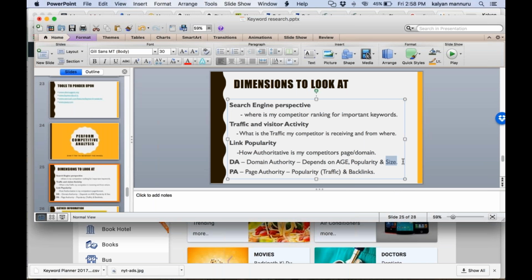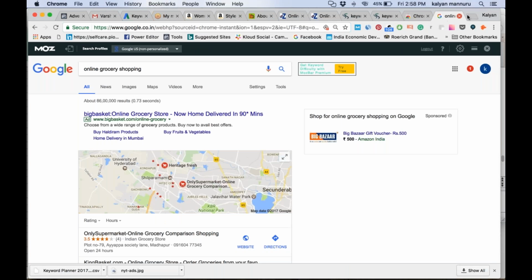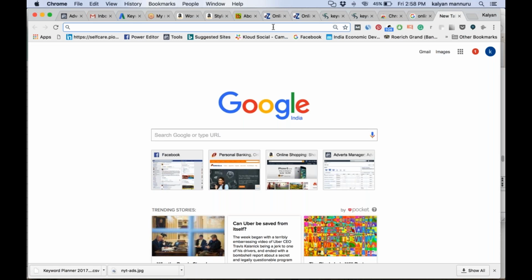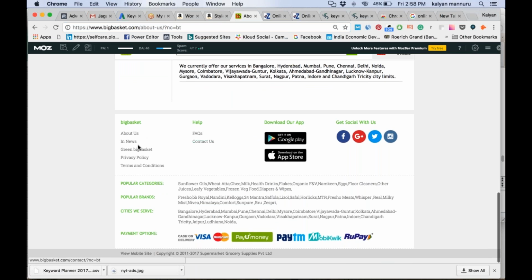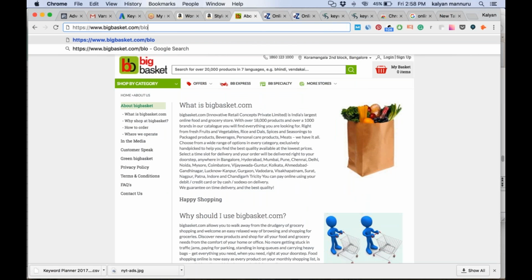And size, of course, add more number of pages. How do I add more number of pages can be one of your questions. So for that, what companies do, they write blogs. We write blogs to improve the number of pages on the website. So you can see blogs would be written by companies. I don't think Big Basket has a blog.